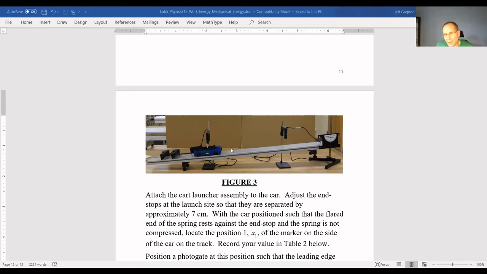Since the spring gave the car some initial velocity, which we're going to measure, we know it has an initial kinetic energy. It'll be 1/2 times the mass of the cart times that initial velocity squared. So it has an initial potential energy and an initial kinetic energy.